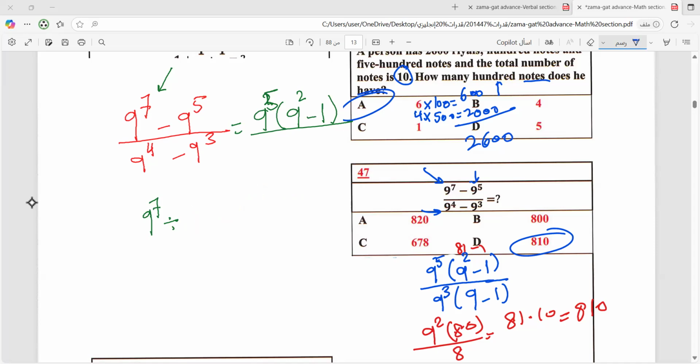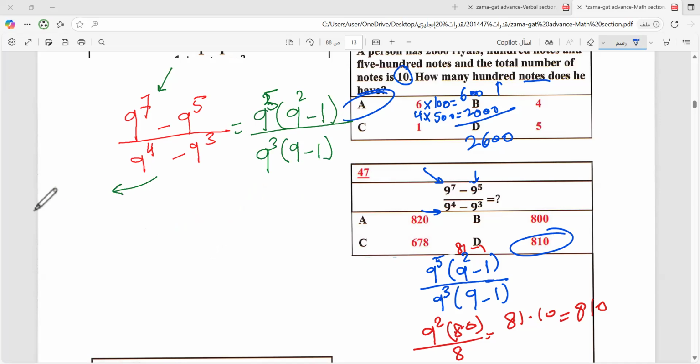Yes. Okay, now here. Also, we will take the common factor, the least exponent. It's 9 to the power of 3. Bracket 9 minus 1, correct.